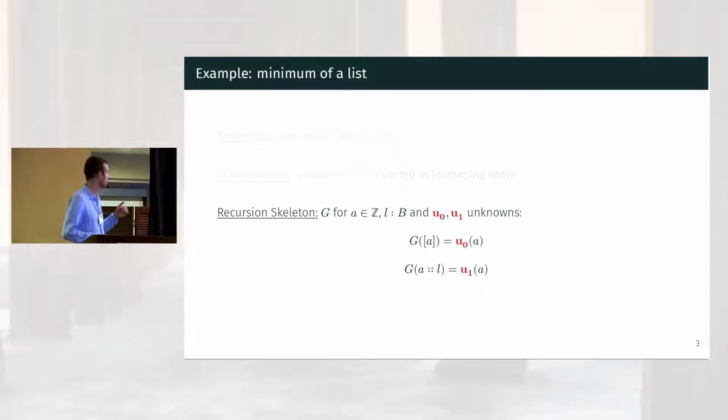So any function that implements U0 and U1, which are my two unknowns in the synthesis problem, will be a constant time function on lists. And you can see that here I have a solution for this problem, because the list is sorted in increasing order, so the minimum of the list should just be the head of the list.